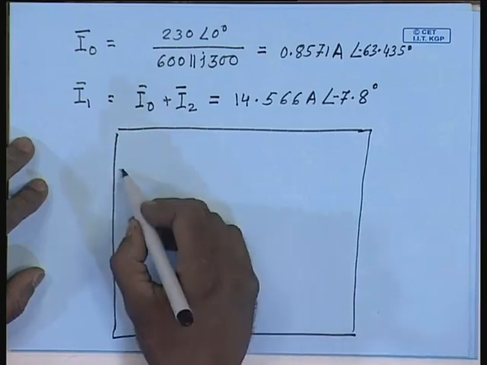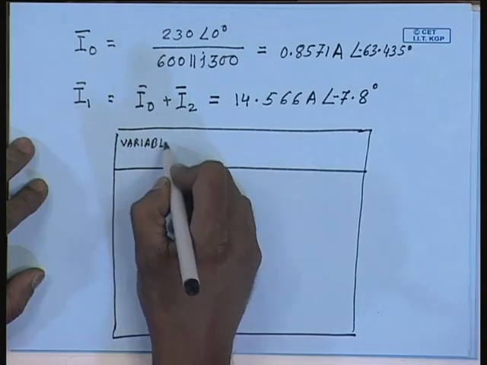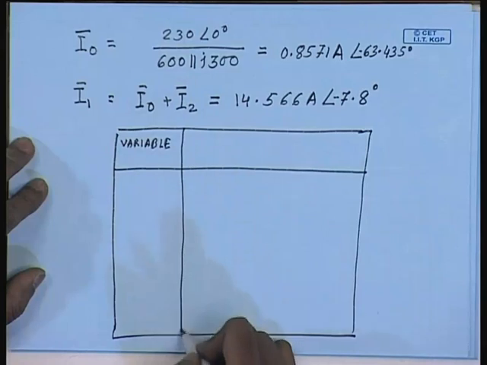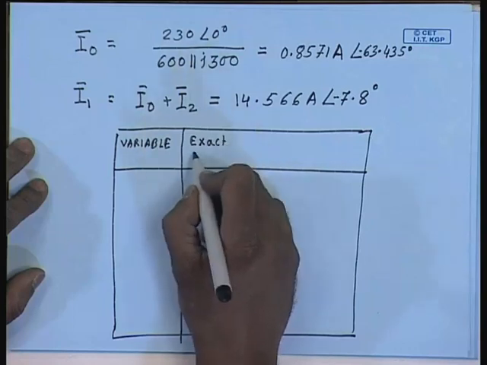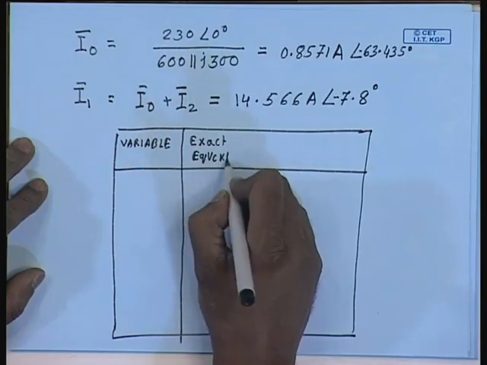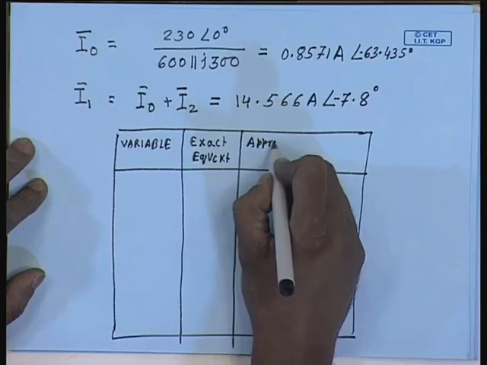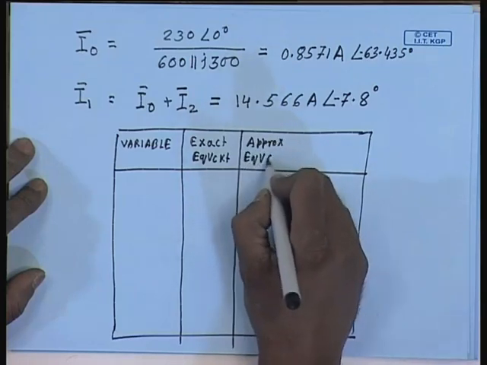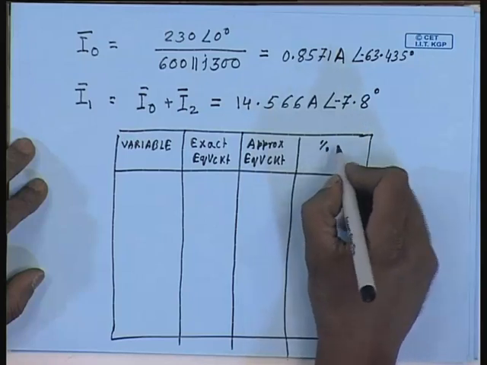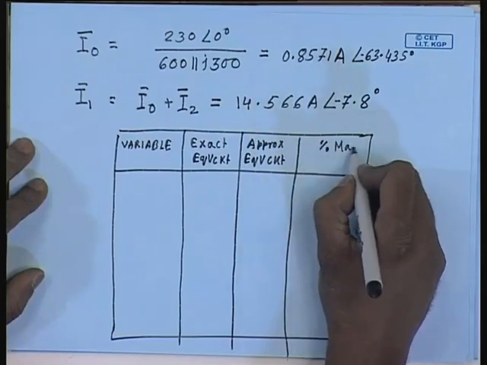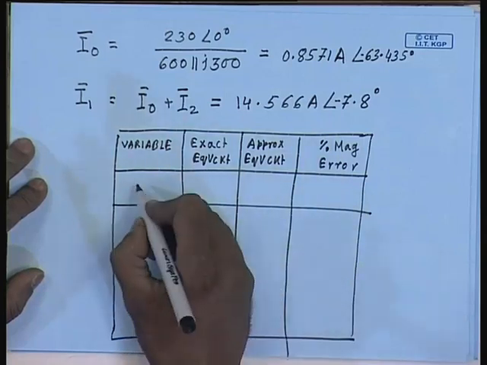Let us see, this is the variable name. Next, let us put the exact equivalent value from the exact equivalent circuit, then the value from the approximate equivalent circuit, and the percentage error, let us say only in magnitude. The first variable, let us take the load voltage V2.